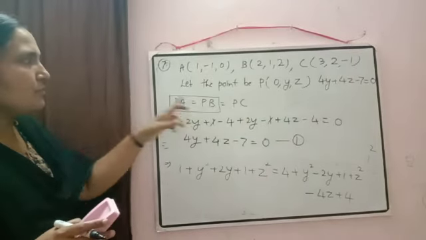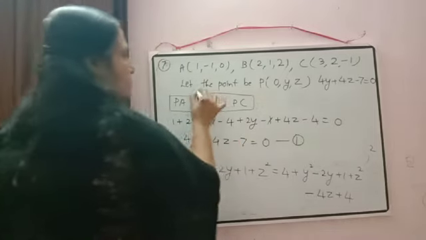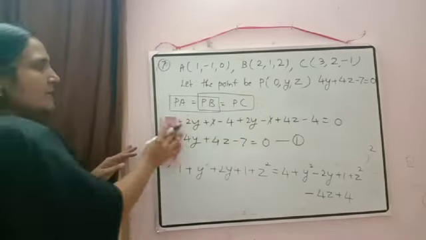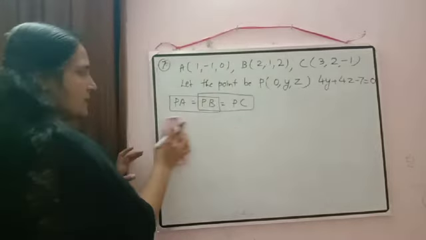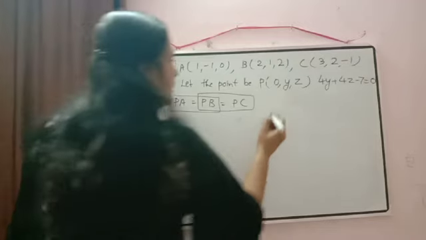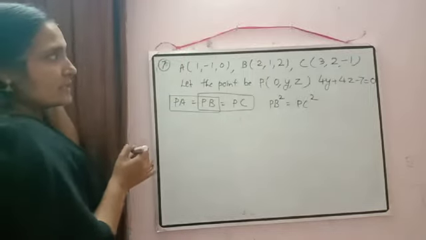We equated the first two, PA is equal to PB. Now we are going to equate the next one, that is PB is equal to PC. Again, to avoid the square root, squaring both the sides: PB square is equal to PC square. Now just check what will come.